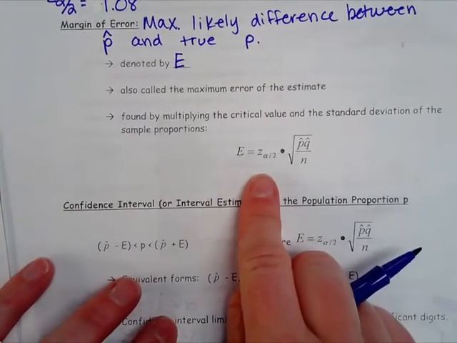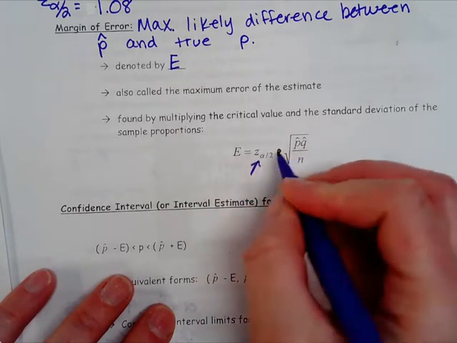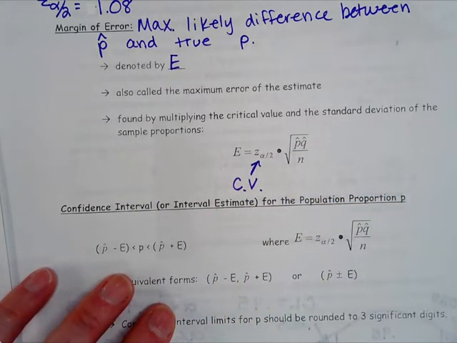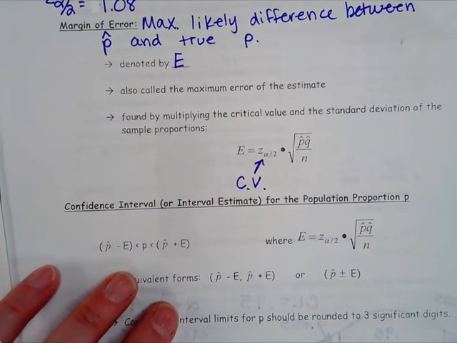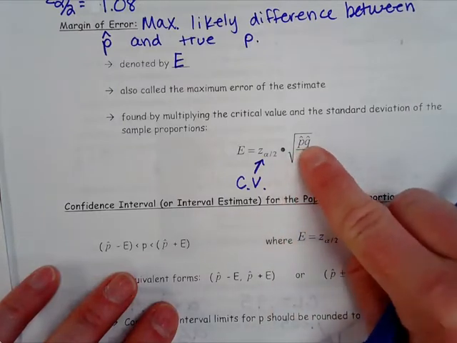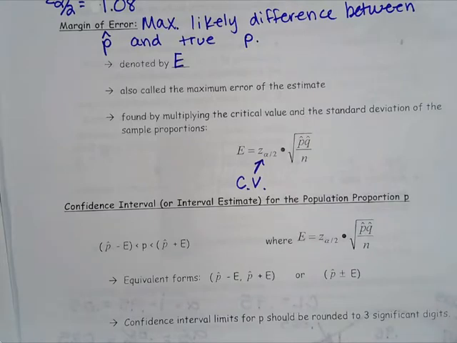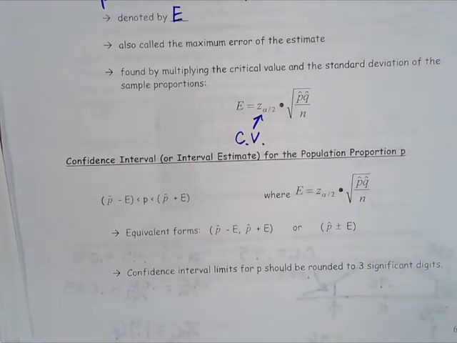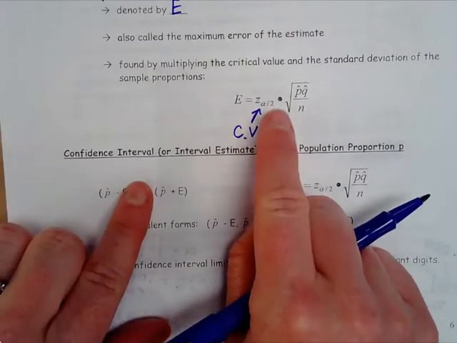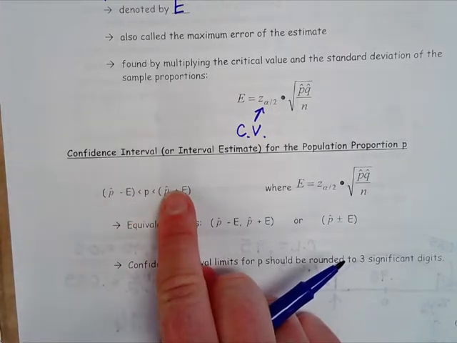Here's our formula. We're going to plug in our formula to find E. So the Z alpha over 2, that's our critical value. P hat is our sample proportion. Q hat is the complement, and then N is your number of trials. After you find your margin of error, you add it to your p hat and then subtract it from your p hat.